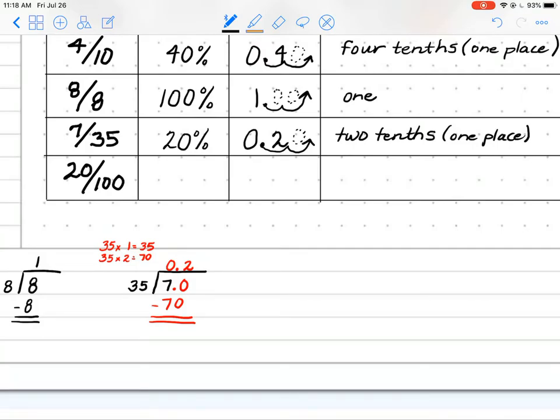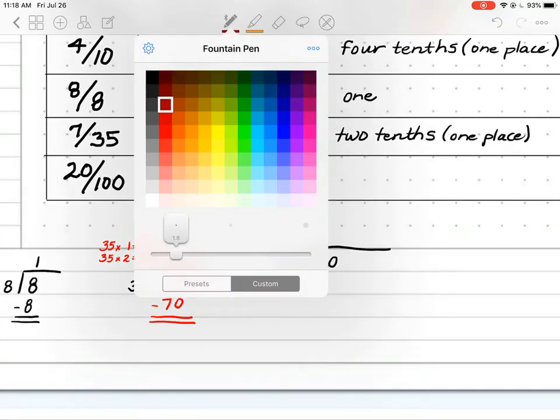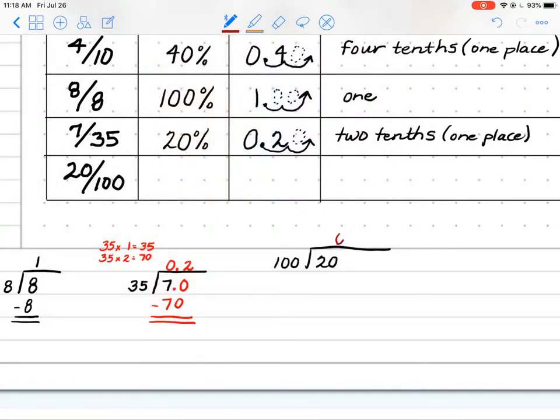Okay, on this last one, we have 100 divided into 20. And so you ask yourself, can that go? And it does not. So I'm going to add a 0. Sorry, 100 into 200 is twice.